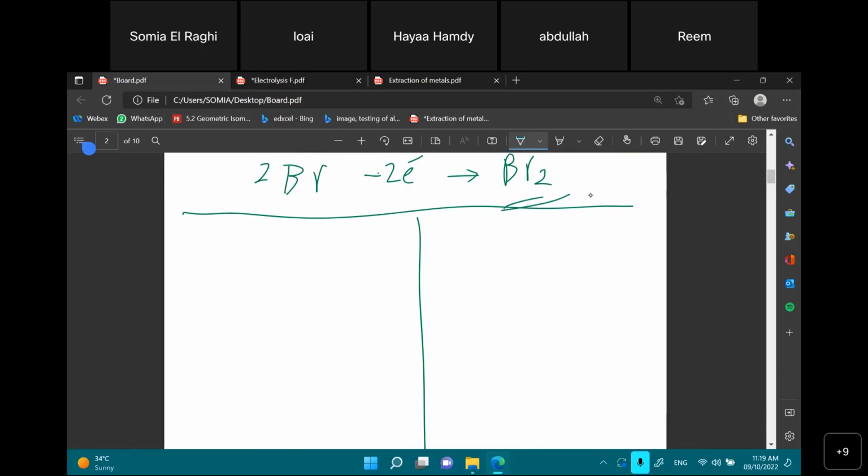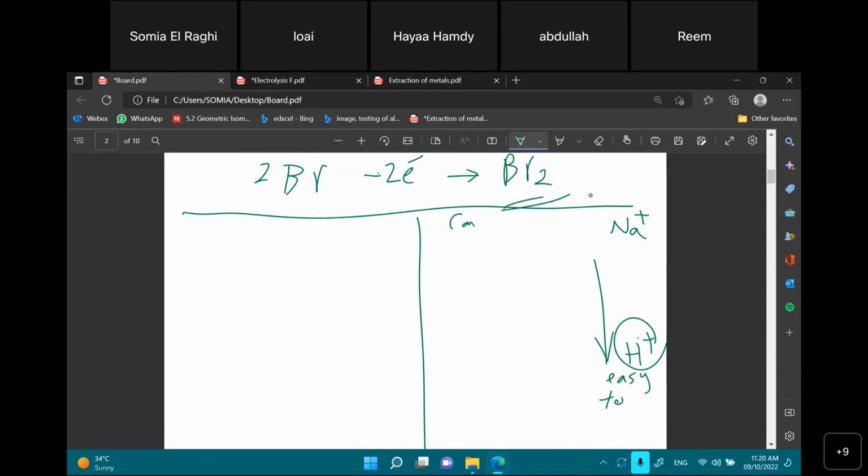So, sodium is always on the top of the electrochemical series, with hydrogen at the bottom. As you go down, it is easier to form or to discharge at the cathode area. What is the meaning of discharge? It loses its charge. It will go faster toward the cathode. All right?